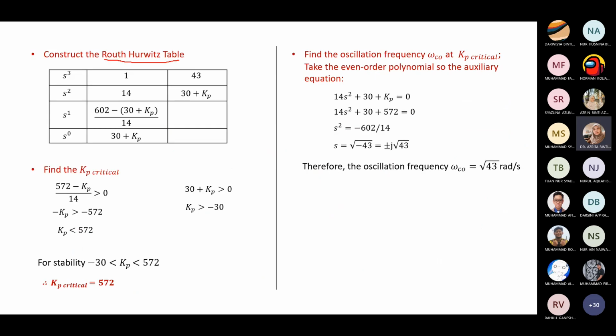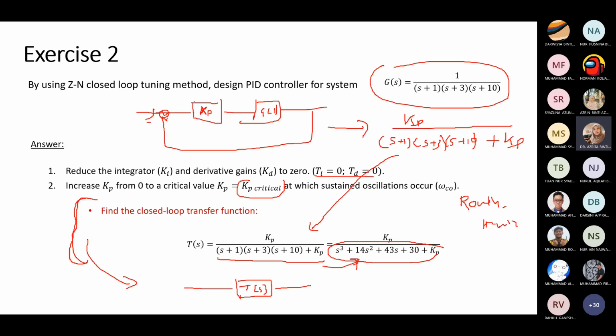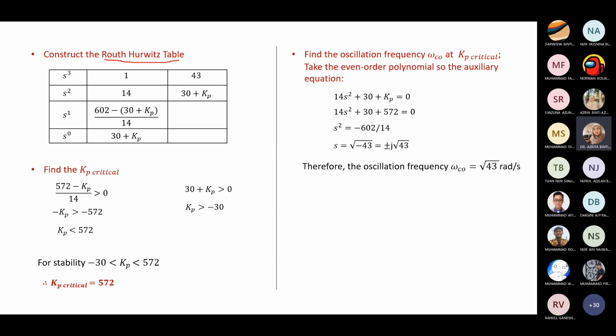To develop the Routh table, since this equation starts with s power of 3, we will develop it as s power of 3, s power of 2, s power of 1, s power of 0. Do you remember? We make this, s power of 3, s power of 2, s power of 1, s power of 0.